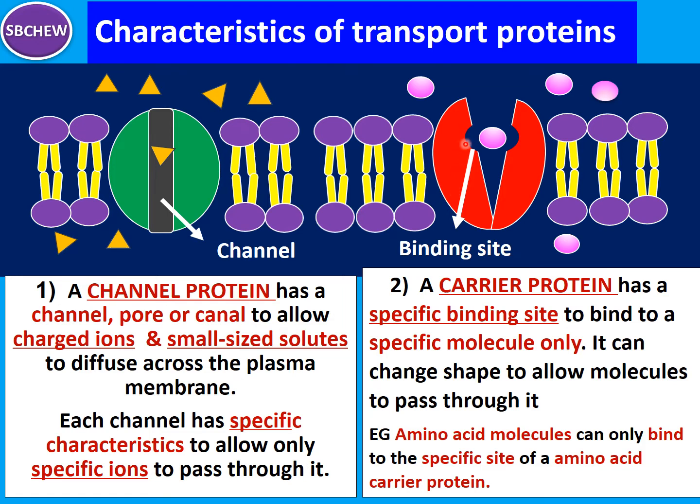So even the site is specific. A carrier protein that transports the amino acid molecules across the plasma membrane cannot transport other molecules like glucose across the plasma membrane. So it's specific in its function.